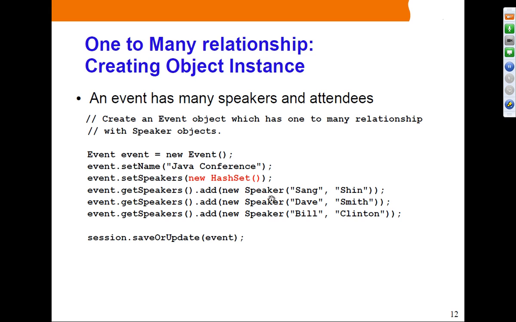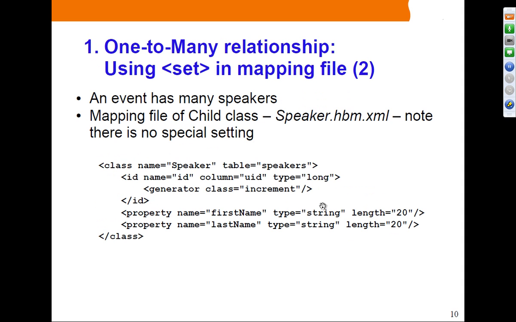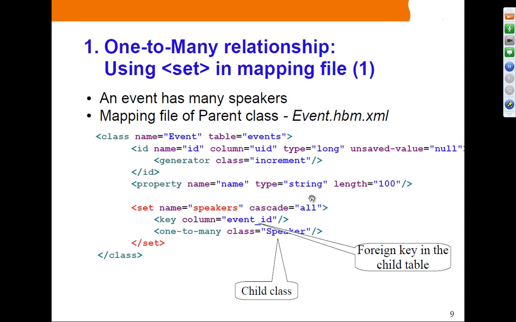The reason is because we use what is called cascading, cascade all. We're going to talk about this cascading attribute later on. When you say cascade all, it means that whenever you are saving or deleting an event object, all the speaker objects that belong to this event object will also be saved or deleted. If you don't specify the cascade attribute, it's your responsibility to save the speaker objects yourself, and that's a little bit of work on your side.